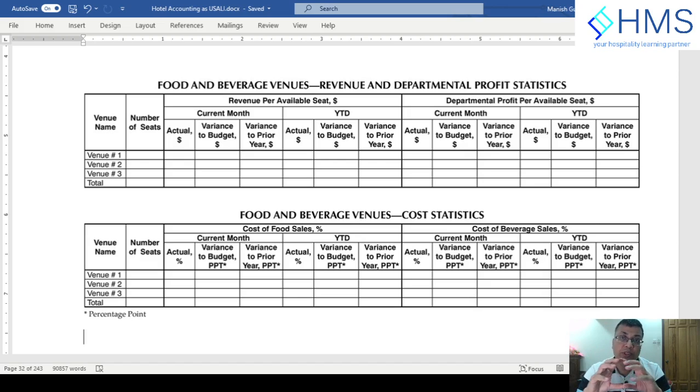There are certain positions which are common, like the F&B director is common, the kitchen is common. So usually you may put them as other recoverable cost into the inter department.